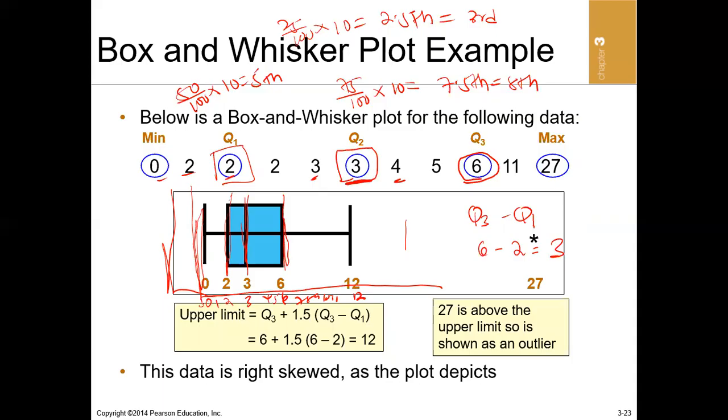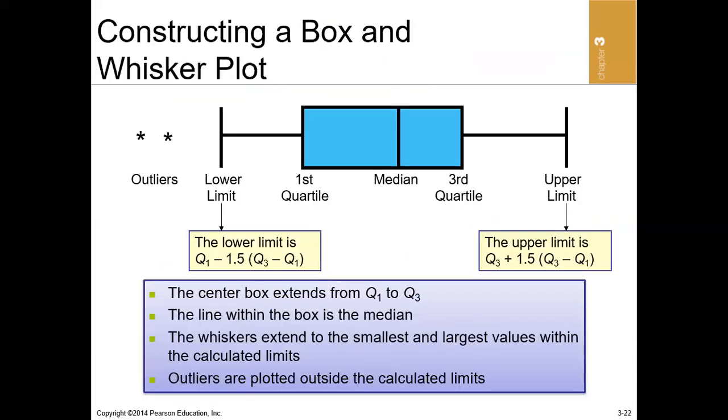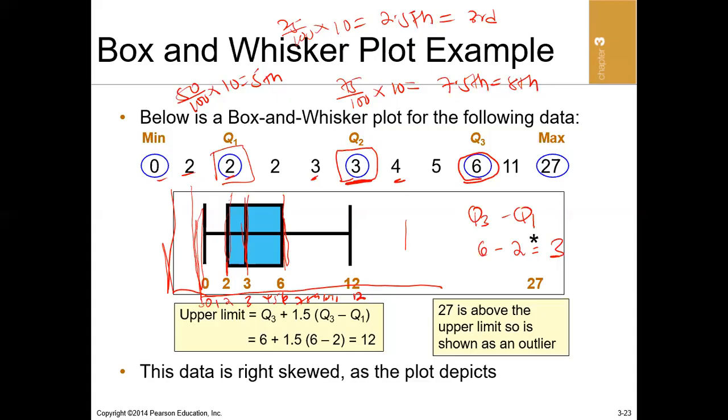The lower limit is Q1 minus 1.5 times the interquartile range.